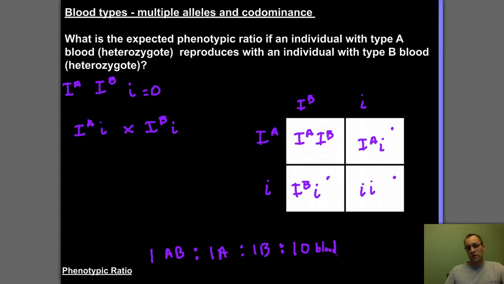So that's our phenotypic ratio. If your parents were these types, you would expect 25% of the offspring to be AB, 25% to be A blood, 25% to be B blood, and 25% to be O blood.